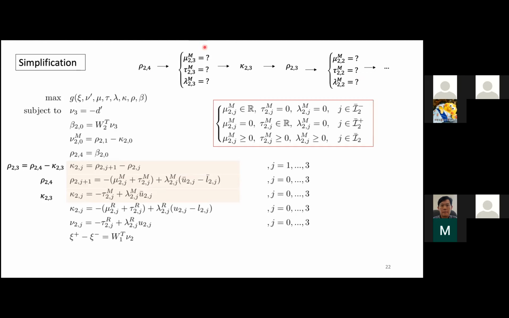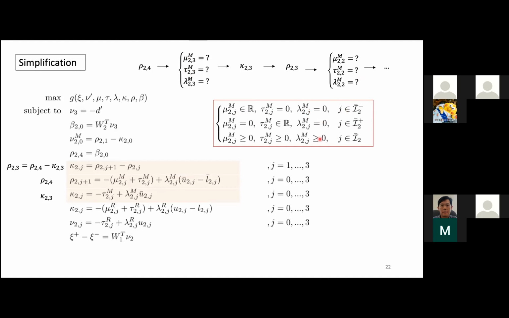these dual variables have different constraints under these three sets. Why do we have three sets here? Because this constraint is related to the parts of the ReLU function in the max pool. We know the ReLU function has three sets because of the input's upper bound and lower bound.